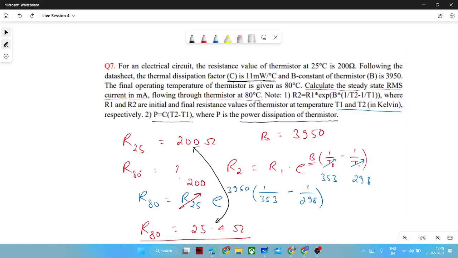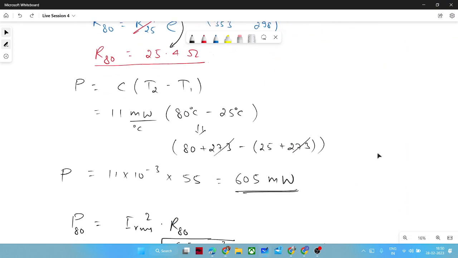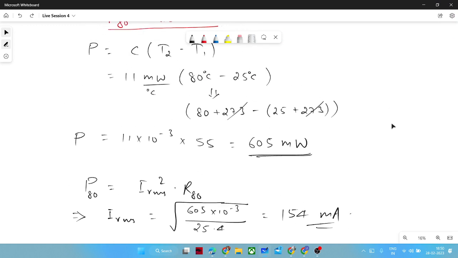What is the final answer, sir? Final answer is your 154 milliampere. Yeah, that's correct. So I think in current week's assignment also you might see one problem related to hot resistance, cold resistance. So cold resistance is nothing but your initial resistance and hot resistance is the final resistance. And after that you just conclude.